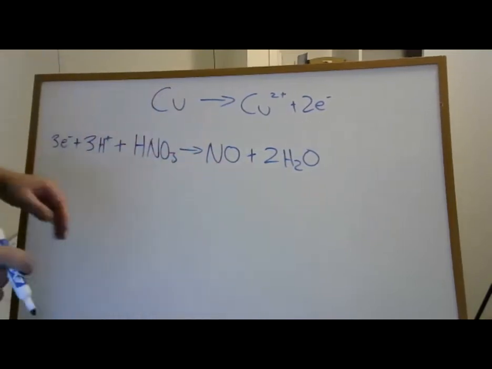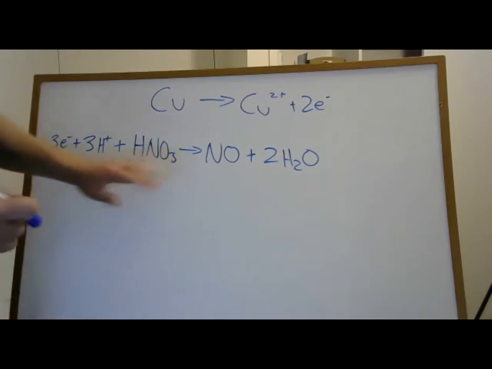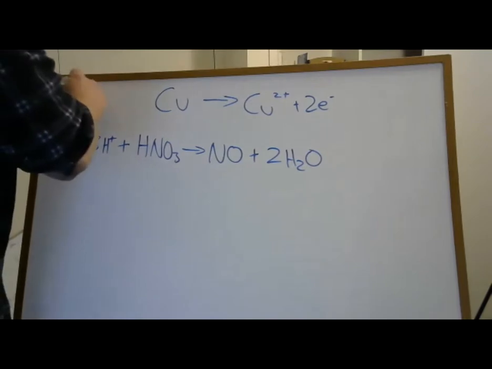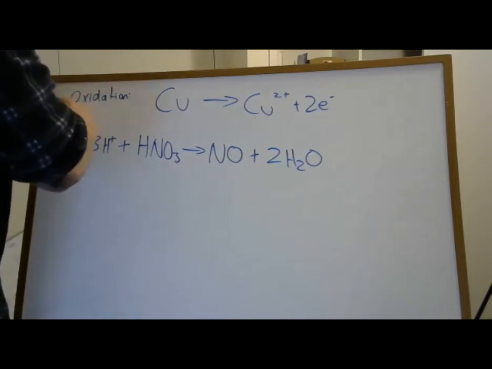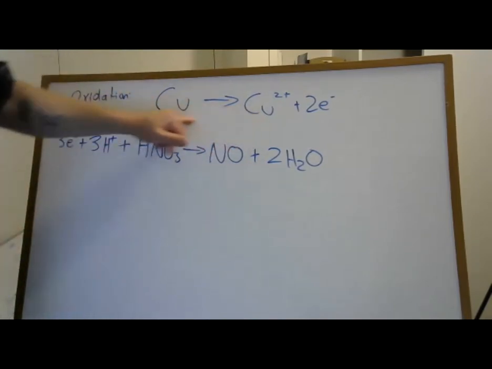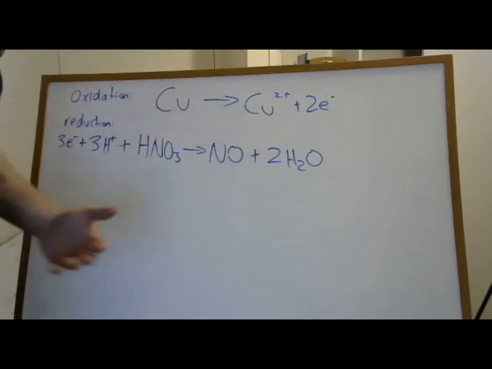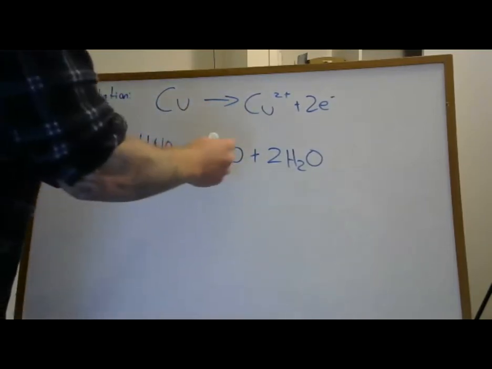So now they're both balanced. Both of our oxidation and our reduction half reactions are balanced. Balanced in terms of the number of each element, the number of atoms, number of moles of atoms.